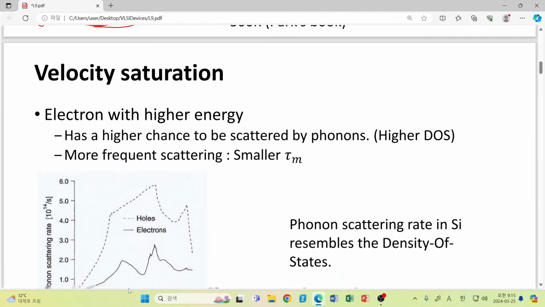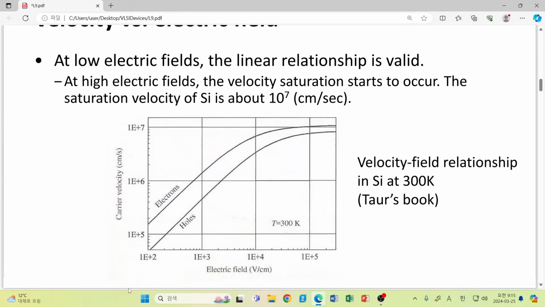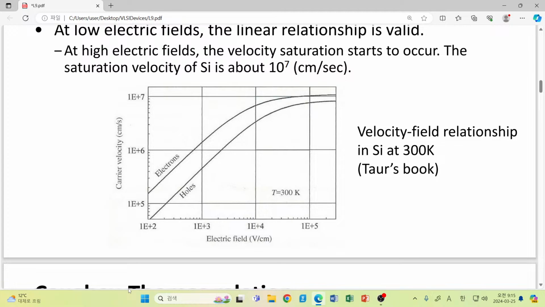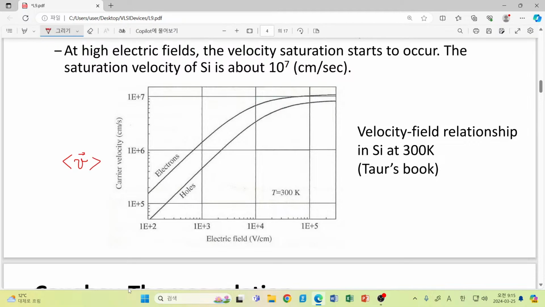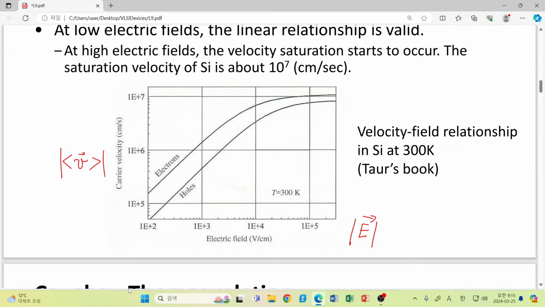When we say velocity saturation, here we have something like this. Here we have the average velocity, its absolute value, and here we have the electric field, of course also the absolute value. Here we have a certain relation, and that is called velocity saturation. So don't be confused between these phenomena, terminal velocity and velocity saturation.